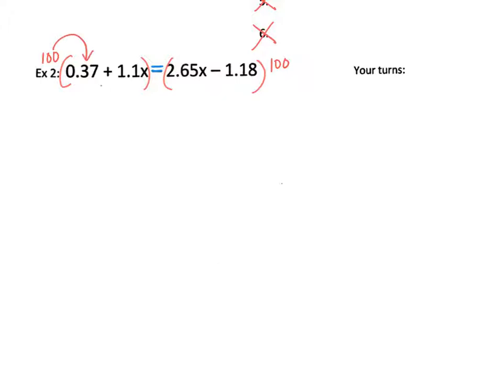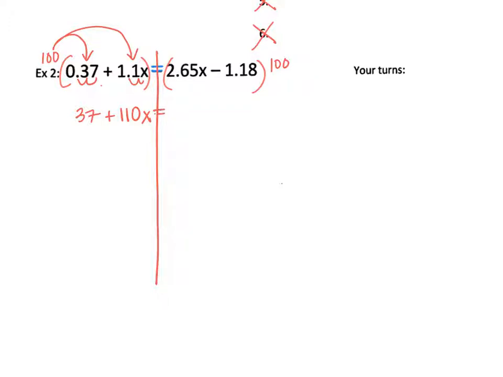100 times 37 hundredths will be 37. Plus 100 times this. Now we have to move it over twice, remember. Now there aren't 2 place values after the decimal, so we have to add in a 0, so it becomes 110x.